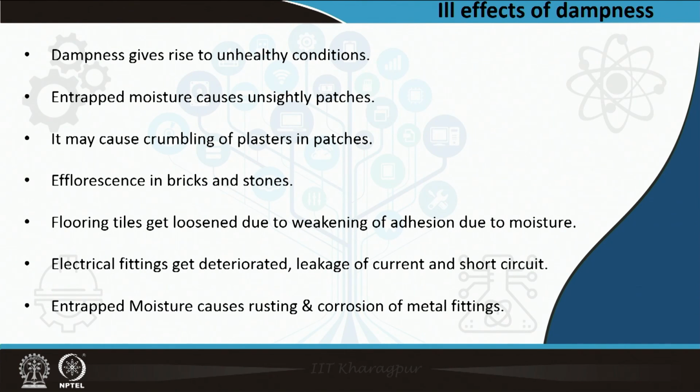I showed you pictures when we covered corrosion. The entrapped moisture can cause rusting and corrosion of metal items, and portions of concrete may also fall off. So, these are the ill effects of dampness, and also the clues to keep you aware that your building is experiencing damp. So, thank you.